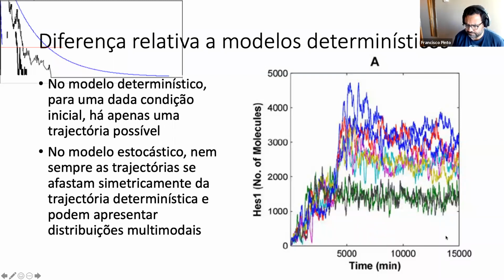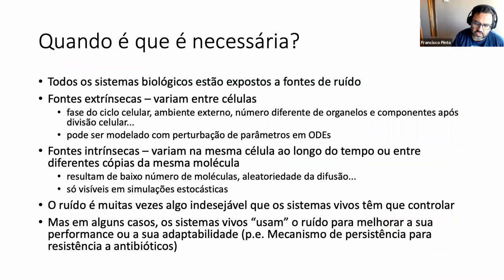And in that way, they will have an advantage compared, for example, with different bacterial species, because they will grow much faster. So that's a way in which noise is used as an adaptive mechanism. And actually, this kind of mechanism is called persistence.